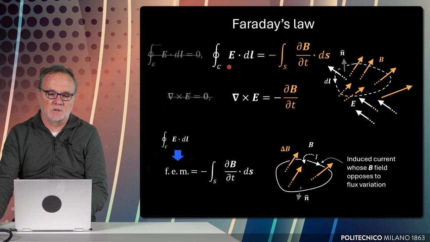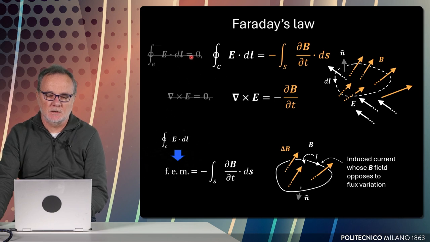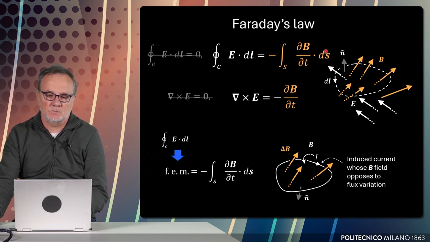So, what happens when we do a circulation of the electric field with the time-varying sources? We have, experimentally, that the circulation of the electric field, unlike in electrostatics where it was 0, in this case produces a variation of the flux of B through a surface whose boundary is the line on which we do the circulation. The relationship between the flux and the circulation is, as usual, the right-hand rule.